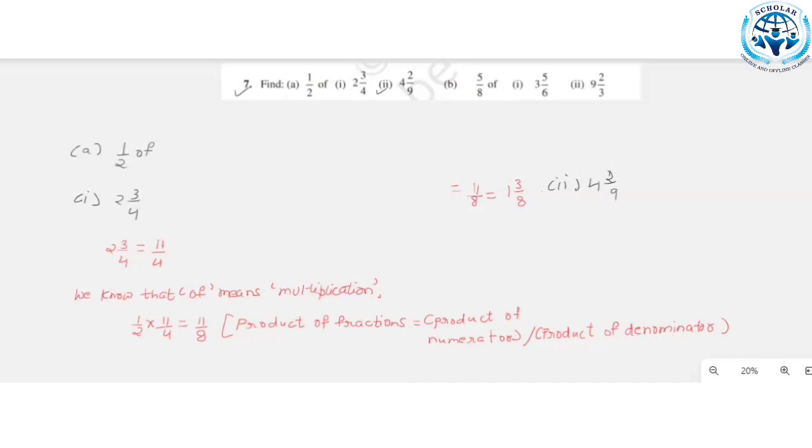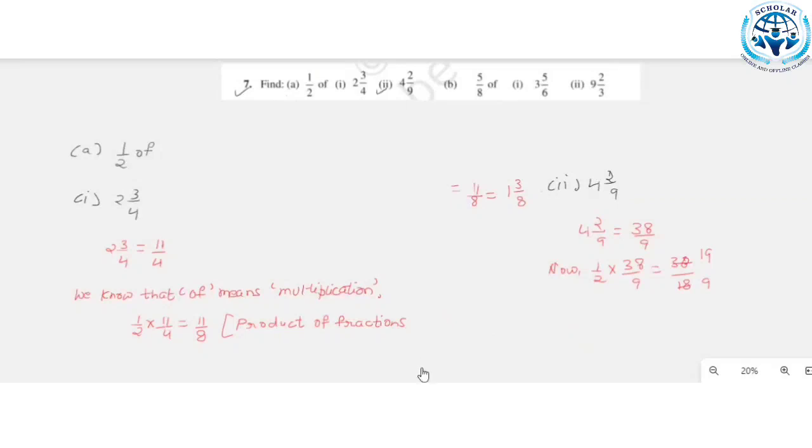Next, 4 2 by 9. 9 fours are 36, 36 plus 2 is 38, 38 upon 9. Half of 38 by 9 is equal to 38 upon 18. 2 nines are 18, 2 ones are 2, 2 nines are 18, that means 19 by 9.